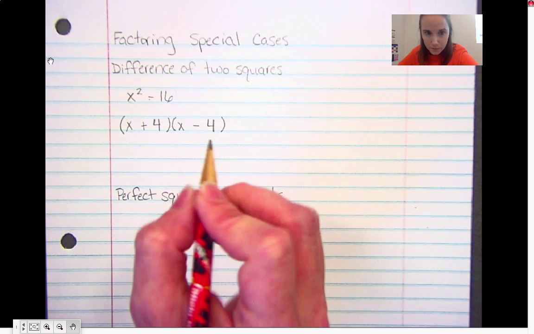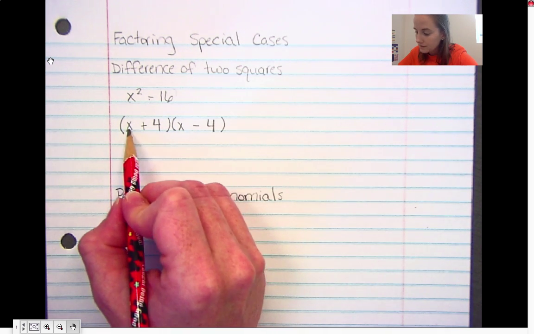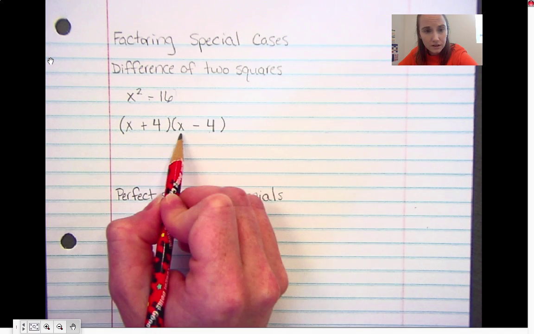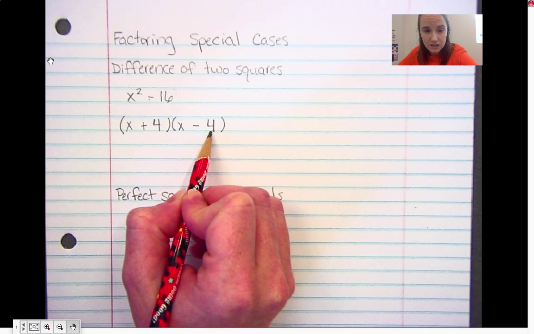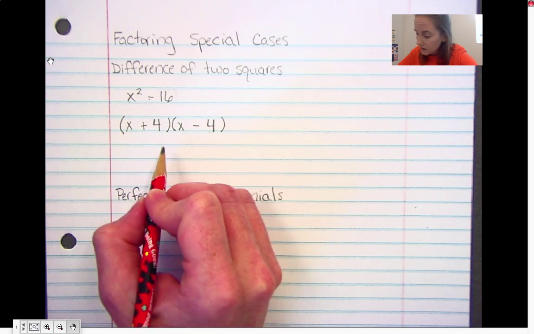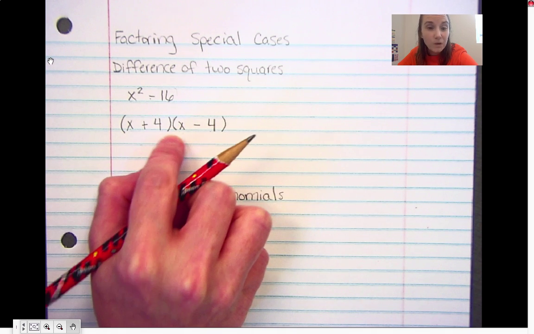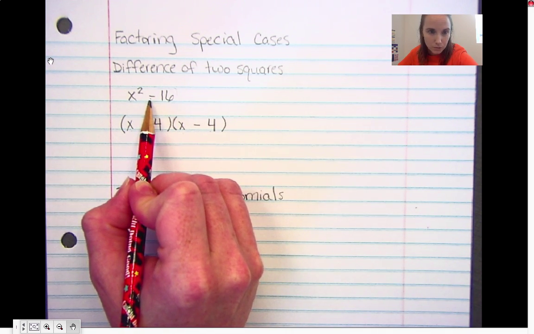And if we FOIL this back out, x times x is x squared. X times negative 4 is negative 4x. 4 times x is a positive 4x. And 4 times negative 4 is negative 16. The negative 4x and the positive 4x will cancel out, and you will not have a center term or a b term.